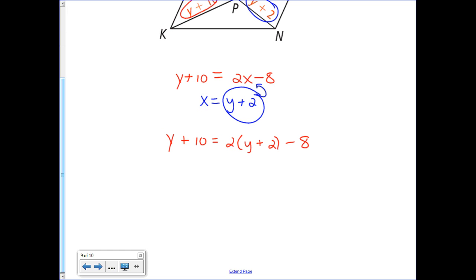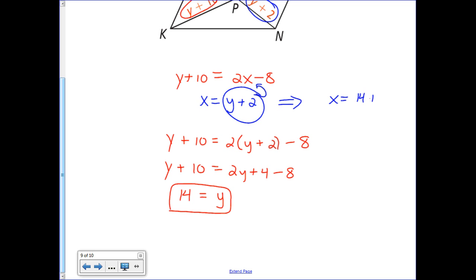So I've replaced x with y + 2. Finish solving this example by getting y by itself. Let's put everything on the left and get y on the right. So I've discovered that y is 14, and then I'm going to have to plug that back in. It's easiest to plug it in here to figure out x. x is going to be 14 + 2, which is 16.